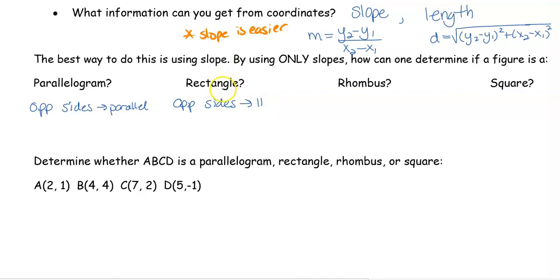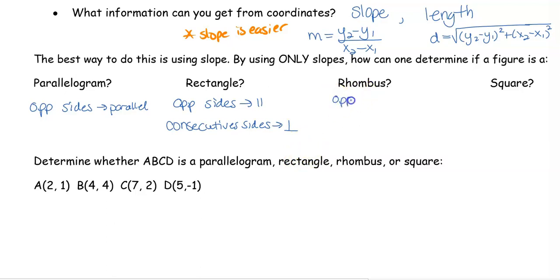But in a rectangle, we also know that the consecutive sides are forming right angles, so they're going to be perpendicular. So now we have slopes. Parallel lines, remember, have same slopes. Perpendicular lines have opposite reciprocal slopes. So a rectangle, we should still find those opposite sides to be parallel, but the sides right next to each other we should find to be perpendicular.